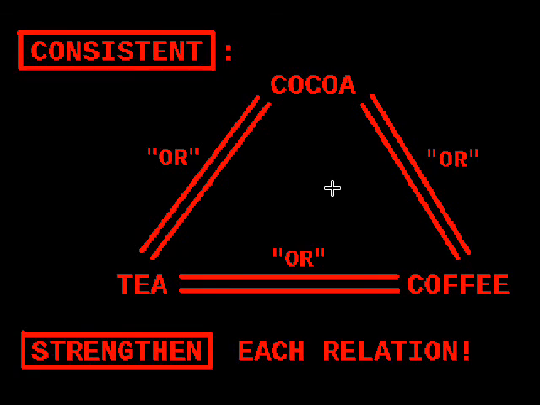Consistent is, of course, a mutual relation of analogy between all of your atoms. You can have tea or cacao, cacao or coffee, and coffee or tea. You can say that makes you actually pretty sure that these connections are correct, and you can therefore strengthen each single one of them.